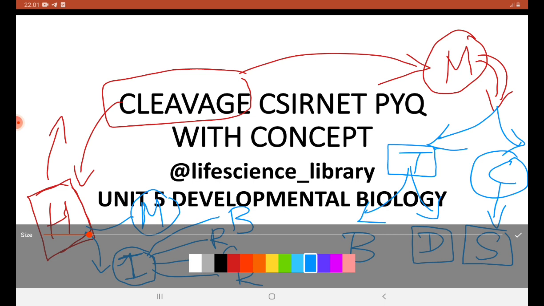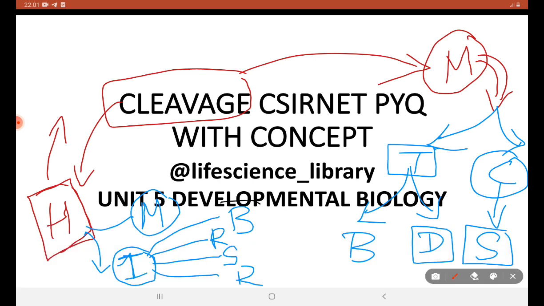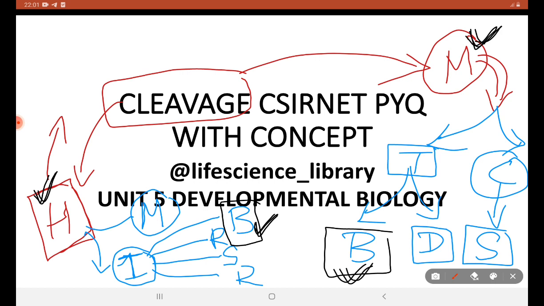The catch here is that bilateral cleavage is present in both the categories. Bilateral cleavage under holoblastic includes tunicates. Bilateral cleavage under meroblastic is seen in cephalopoda. Discoidal meroblastic cleavage is seen in reptiles, fish and birds.